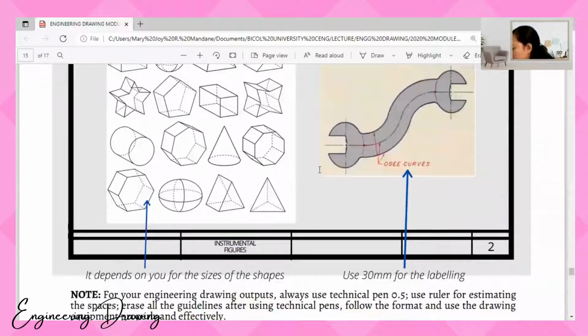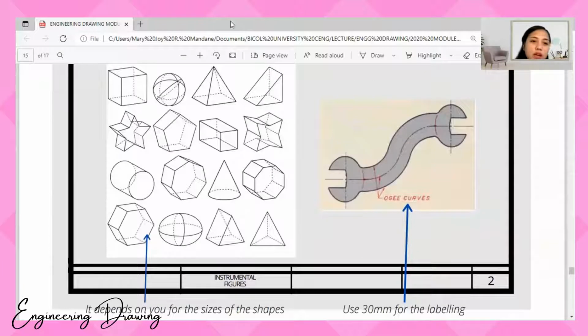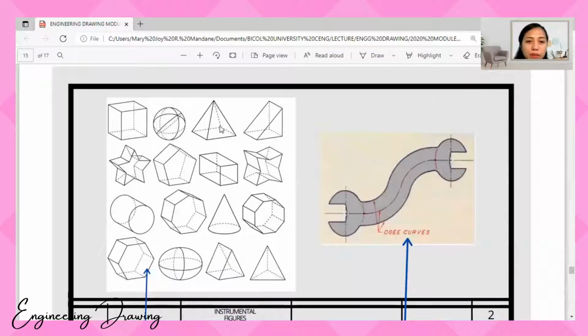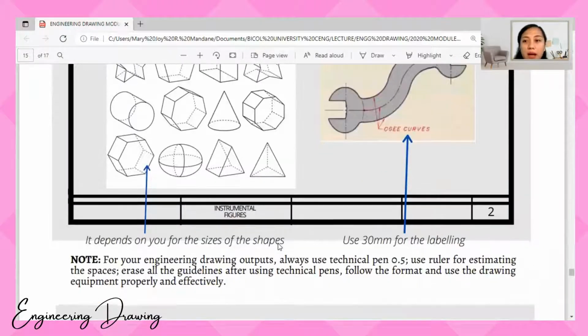It depends on you the sizes of the shapes. For those asking about the sizes, there are no sizes given because it's part of your grading that you should be able to estimate how big or how small. Just put it in the space provided. This part still needs to be inked with the pen. Everything you see, ink it. These ogee curves are also required. It's up to you how you maximize the space.